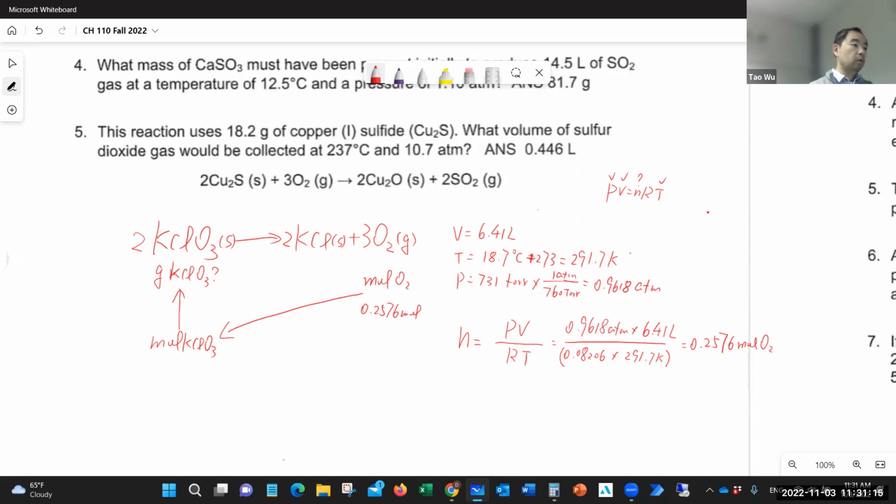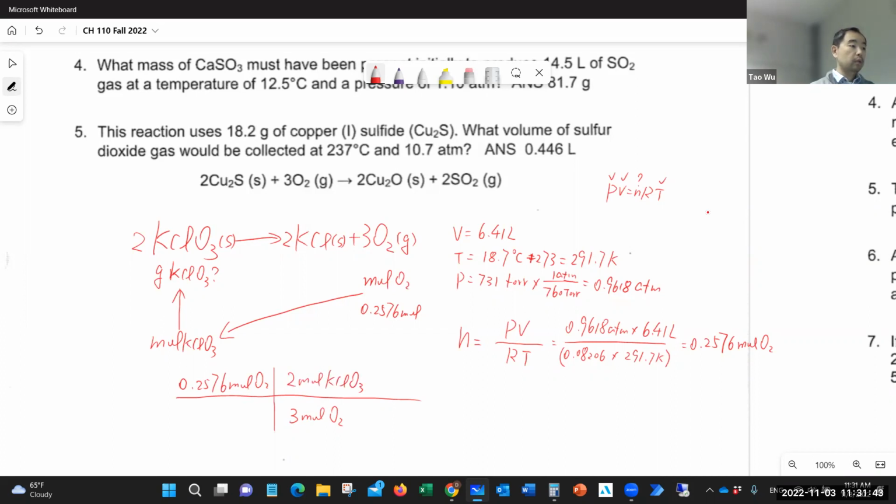Okay, now we have 0.2576 mole of the oxygen. And based on the stoichiometry, again, how many moles of oxygen require how many moles of the potassium chlorate? Well, obviously, 3 moles of the oxygen need 2 moles of the potassium chlorate to be decomposed.